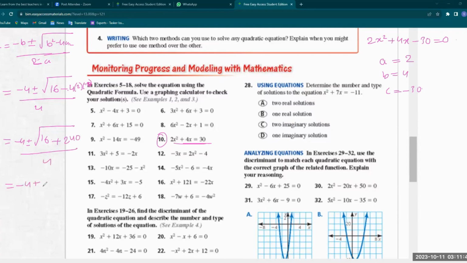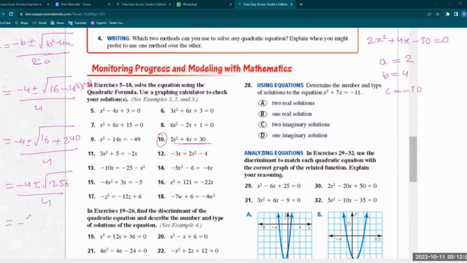It is -4 plus or minus square root of 256, divided by 4. And 256 is the square of what number? 16. Yes.